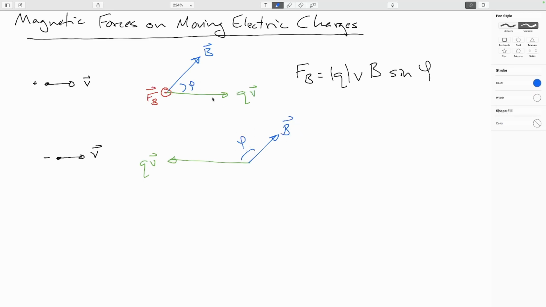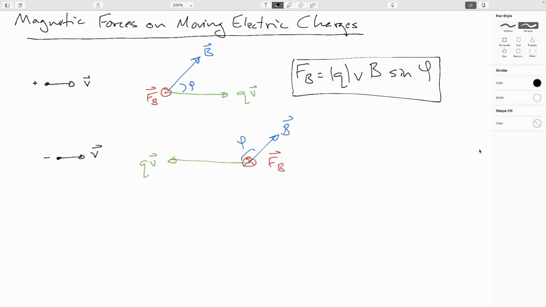These two angles phi are supplements of each other, so the sine of phi will be the same in both cases. And it'll turn out here that our magnetic force will point into the screen. Again, it'll be the same magnitude as what we had before.